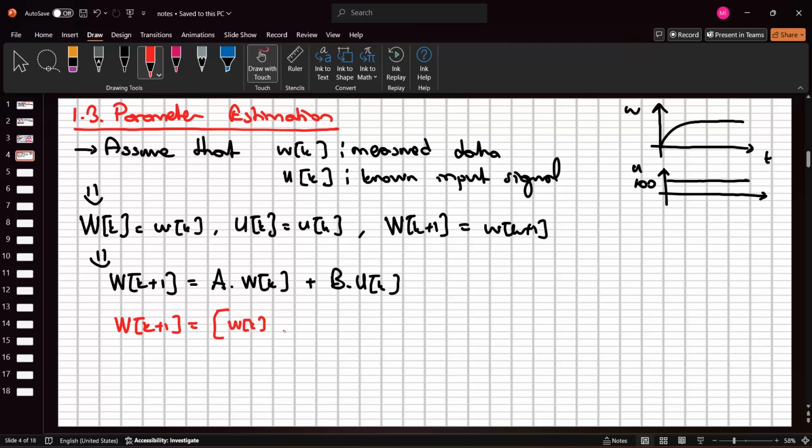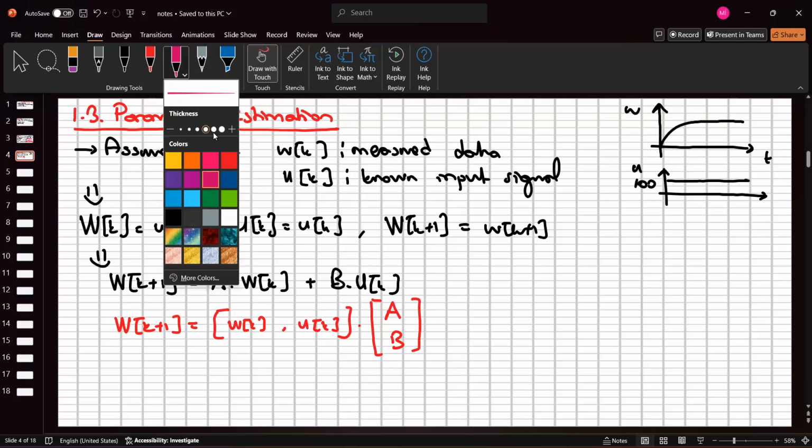Wk and Uk. This is a 1 times 2 vector, and also we should write the A and B. Okay, so the multiplication of this matrix gives Wk+1, because of the same idea, Wk times A, Uk B. But this is a special form for our least square approximation values, okay?